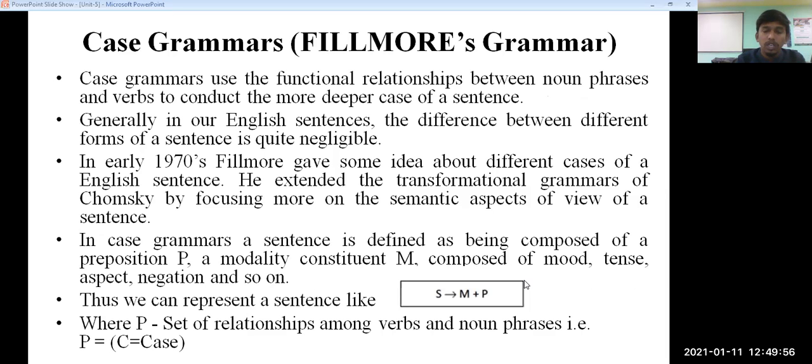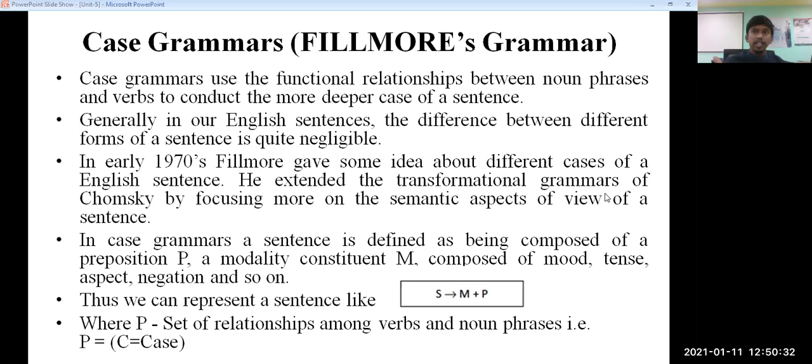Now let's get into the concept of case grammar, and how Fillmore gave his knowledge with respect to it. Case grammars use the functional relationship between noun phrases and verbs to conduct a deeper case analysis of a sentence. It will take a sentence and understand what the noun phrase in that sentence is. As we have seen previously, Ravi is the noun and he is called an agent there. It will also see what the verb in that sentence is, and accordingly it will make some statements and conclusions.